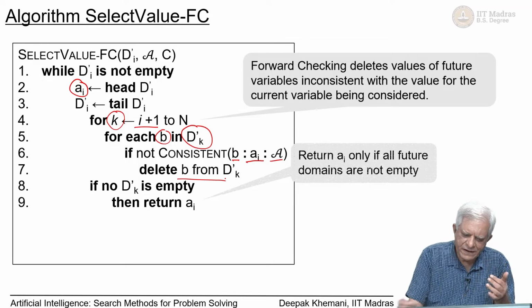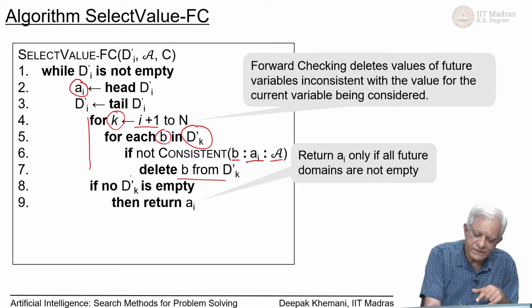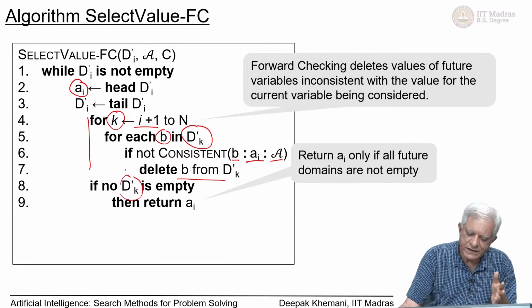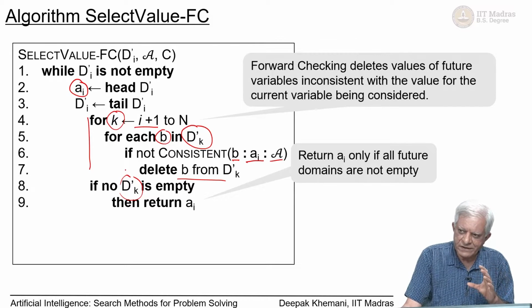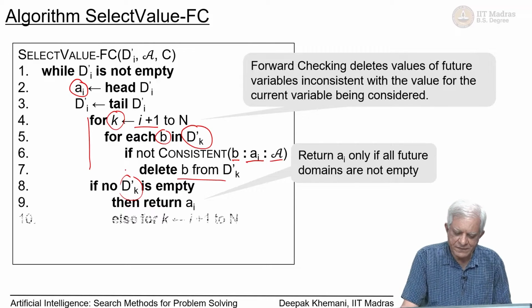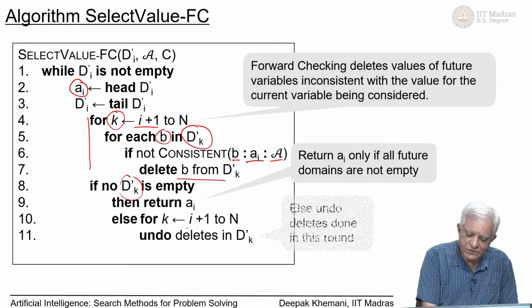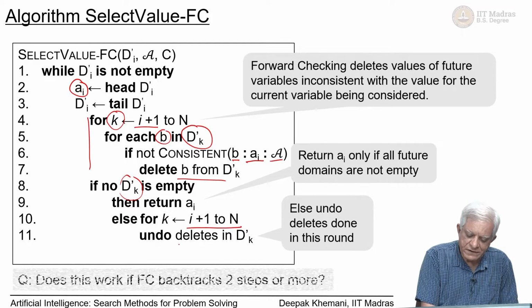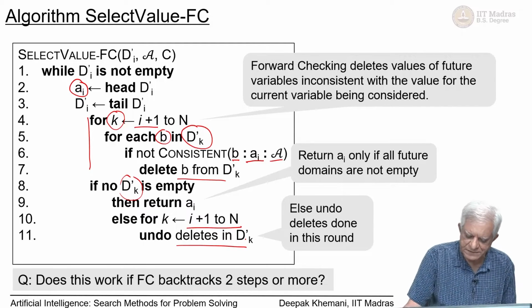After finishing this for loop, if no future variable for any k is empty, then you can go ahead and say that okay, ai is the value for the ith variable essentially. If any of them is empty, then for all the future variables that you considered, you undo the deletes that you did in those future variables essentially.